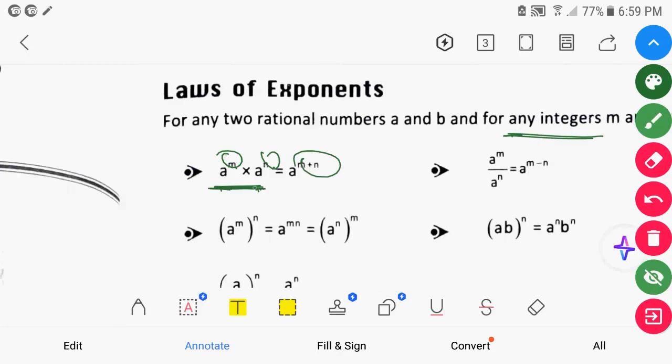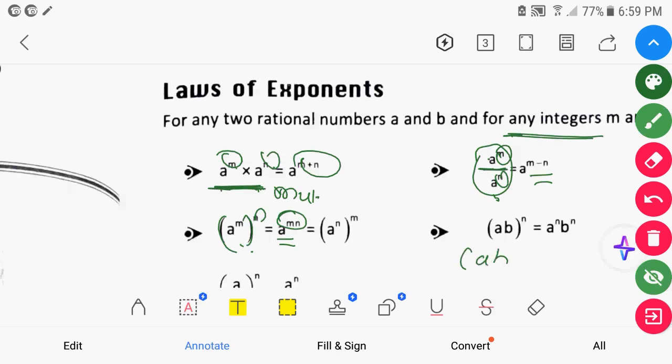If the base is the same and the numbers are in division, their exponents should be subtracted. If the base is same and an exponent is raised to another exponent, then just multiply both the exponents, keeping the base common.